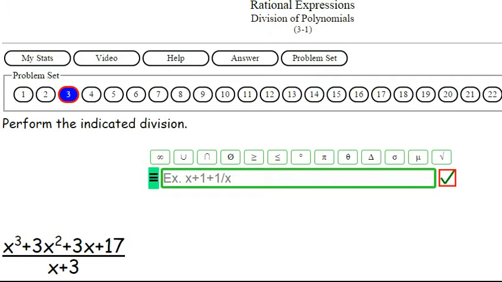3.1. So we're doing x cubed plus 3x squared plus 3x plus 17, and that's all over x plus 3. Alright, got it.